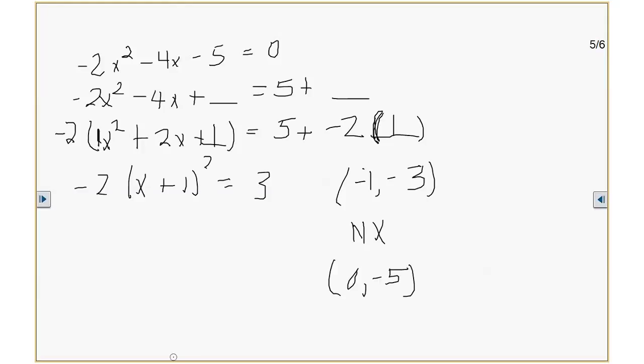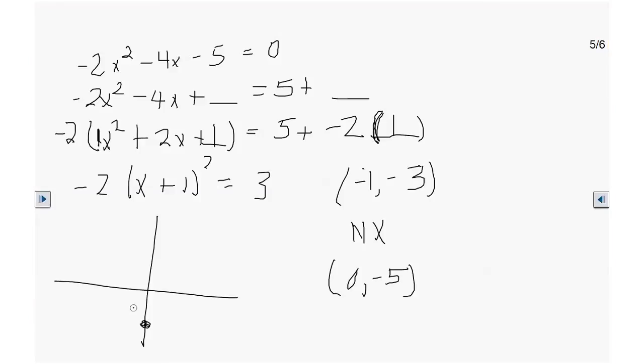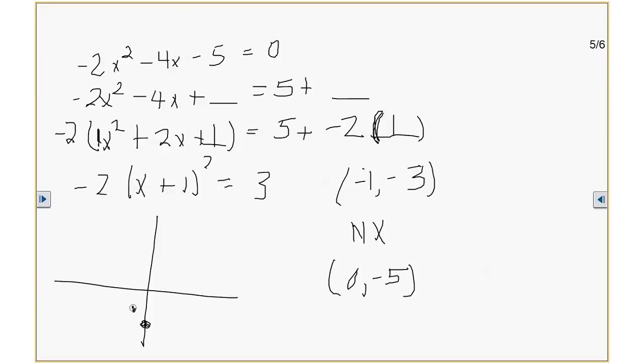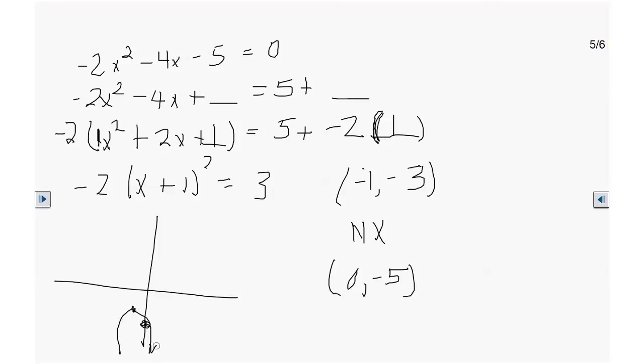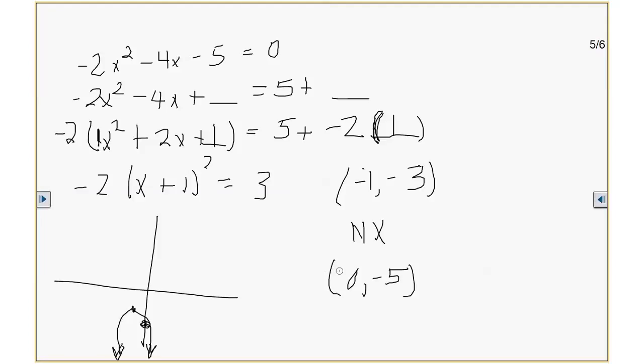So we graph it. 0, -5 is down here. -1, -3 is right here somewhere. So you got a parabola that goes something like that. I know it looks awful, but I'm about getting frustrated with this.